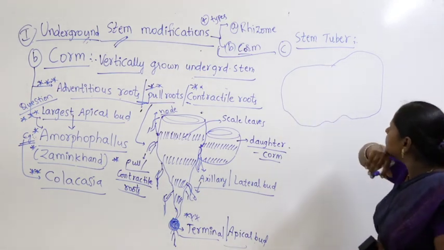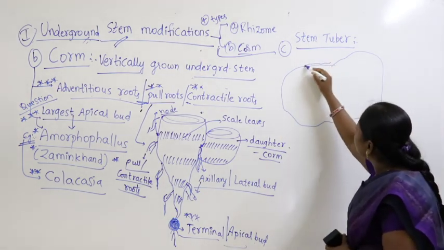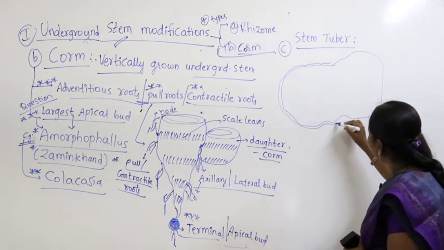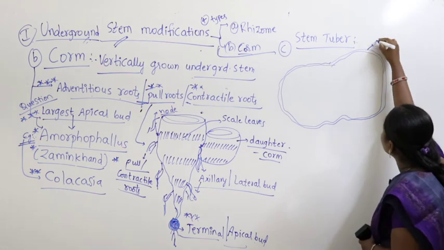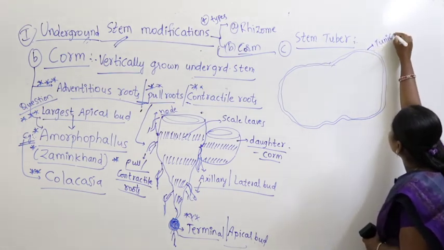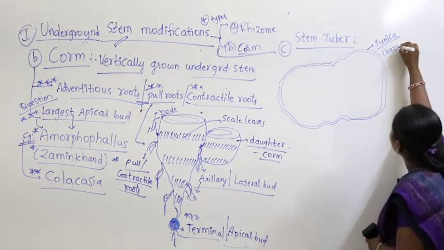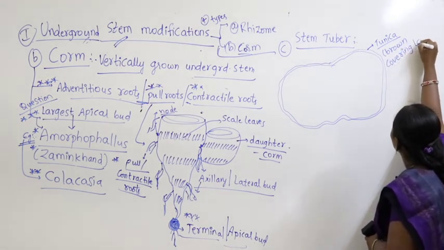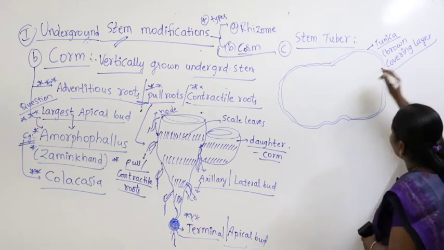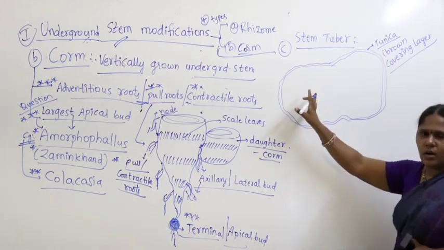So here, if you observe the potato, the uppermost layer is a brown colored layer. The uppermost brown covering layer is called tunica. What am I drawing here?